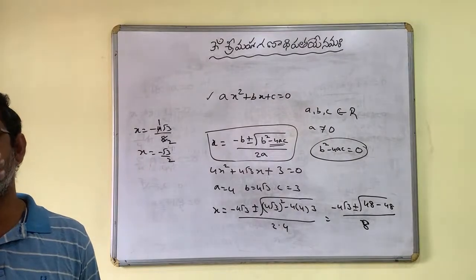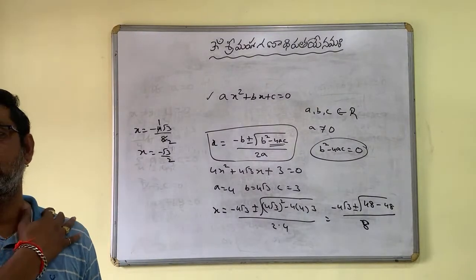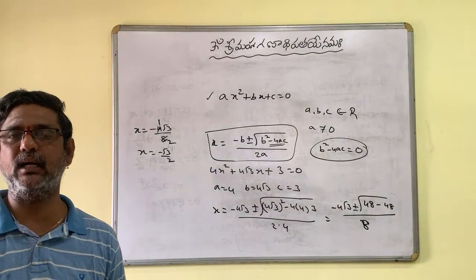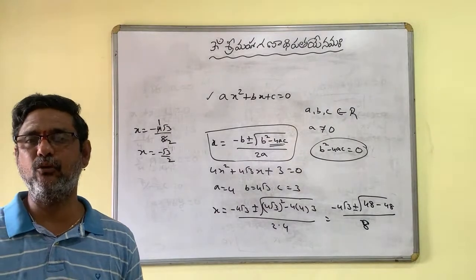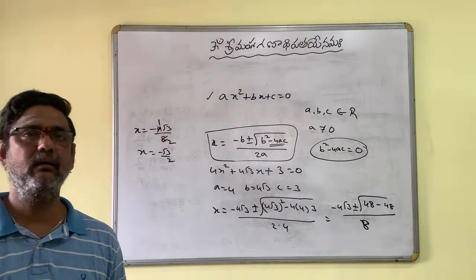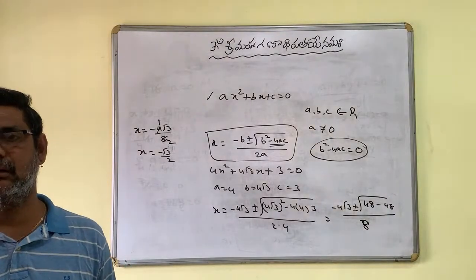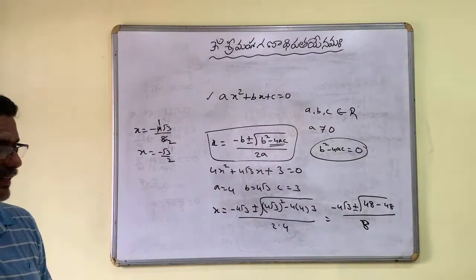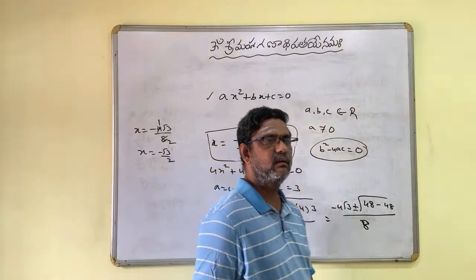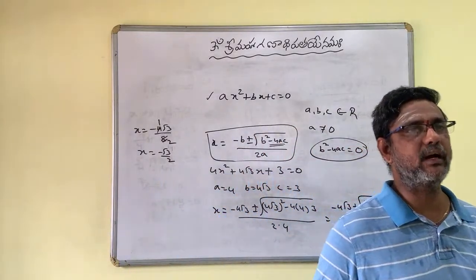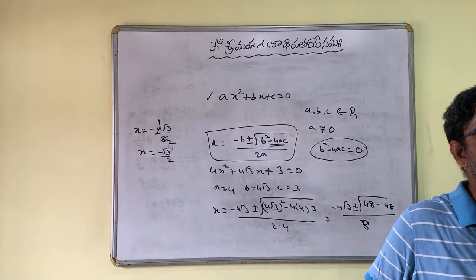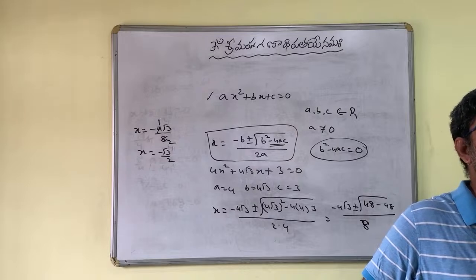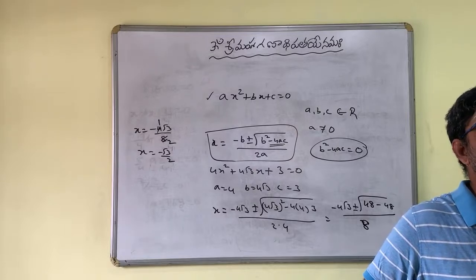Okay? Whenever we see the value b square minus 4ac under the root, I will talk about it more on the particular value after completion of 4.3. First, we need to understand that whenever b square minus 4ac value is 0, then we have to come to a conclusion that we will get only 1 zero.